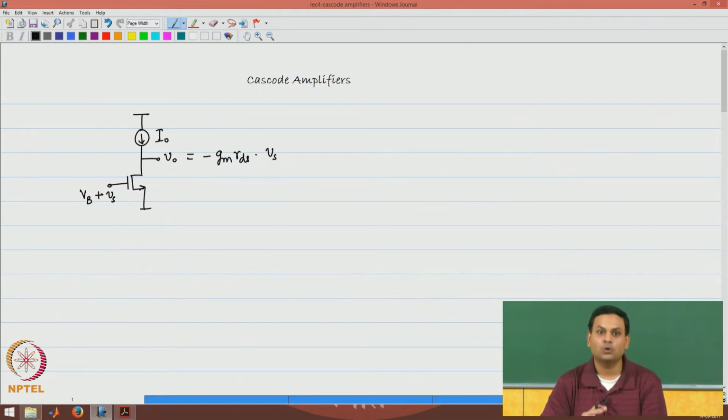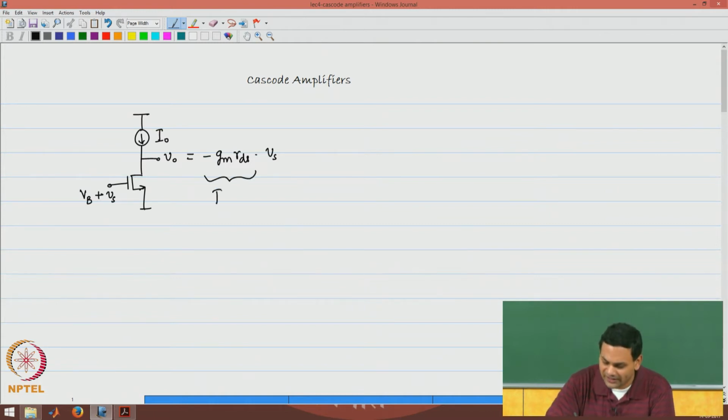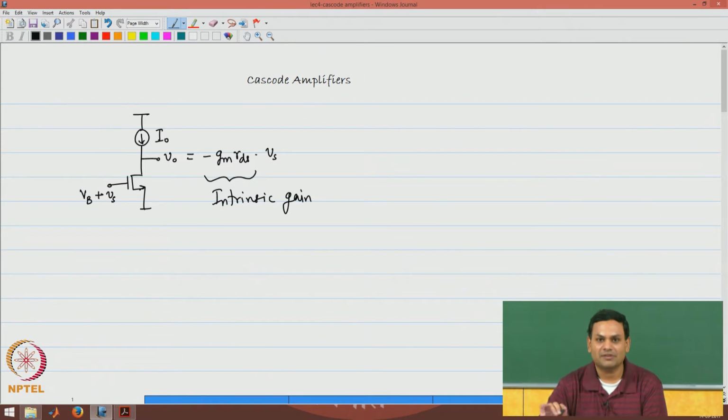In other words, there is no load resistance for this circuit. This minus Gm RDS is called the intrinsic gain of the common source amplifier, of the MOSFET. This intrinsic gain is the largest gain you can get from a MOSFET circuit with one single device.